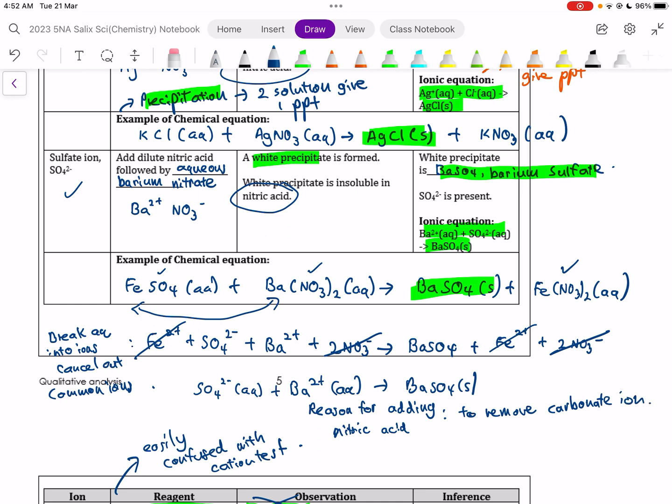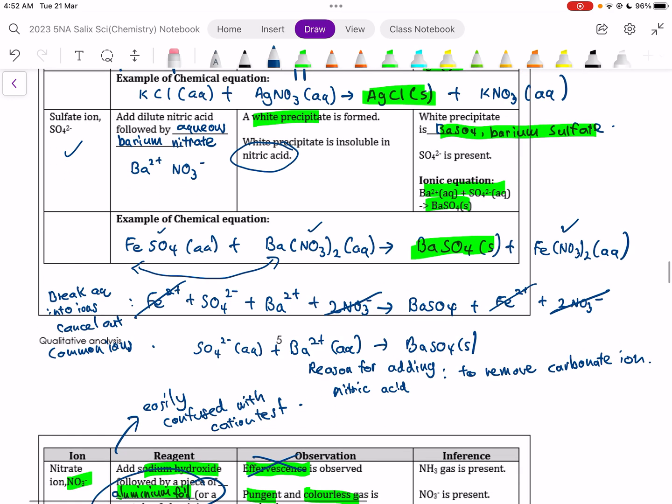Because if there's carbonate you also get a white precipitate. Let's say for some reason, very unlucky, or the test tube is dirty, there is carbonate inside. Then let's say you add silver nitrate, you will get silver carbonate, which is also a white precipitate.